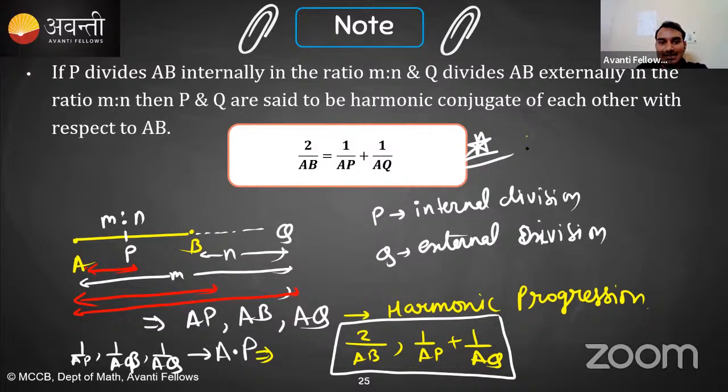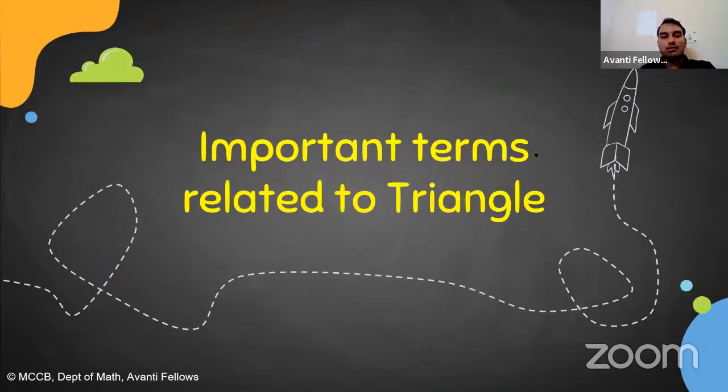Okay, let's proceed. So now, students, we are going to look into some important properties of the triangle and some important terms related to the triangle that we will establish in today's class only, so that we can use them for the entire coordinate geometry.